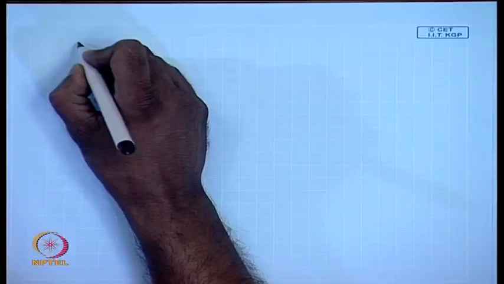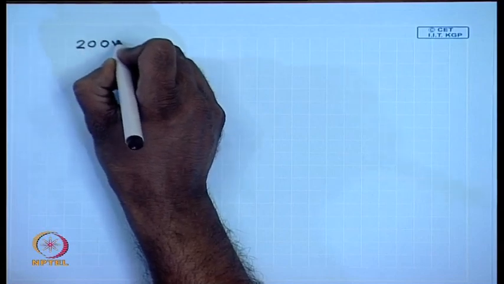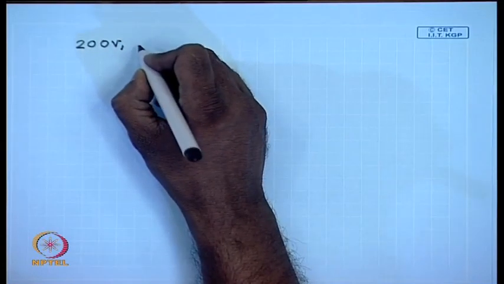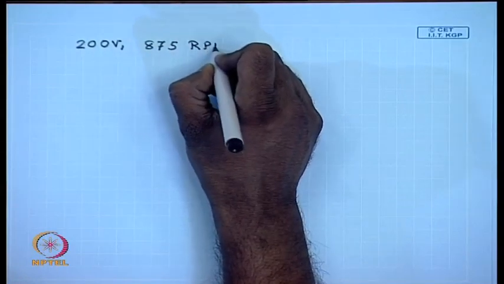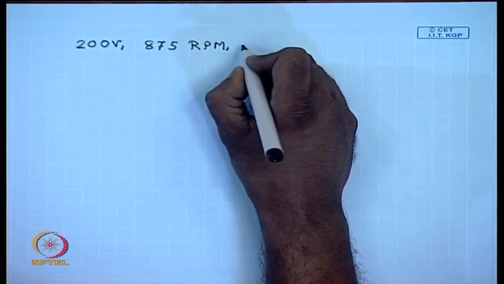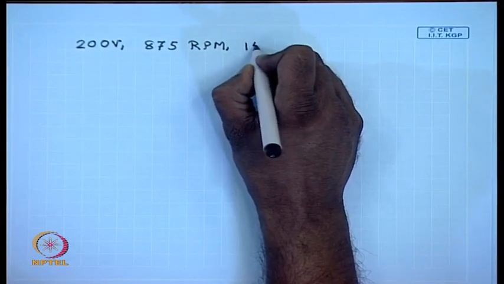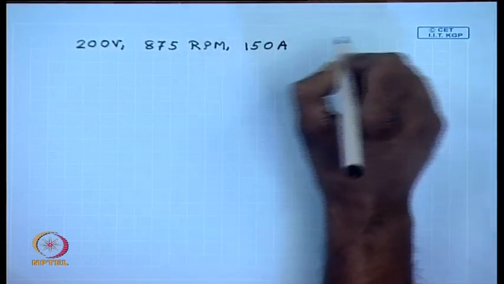So, let us try to solve one or two problems to see how the speed of the machine can be controlled using a single phase fully controlled converter. Let us say we have a DC machine whose rated terminal voltage is 200 volts, speed is 875 RPM and armature current is 150 amperes.